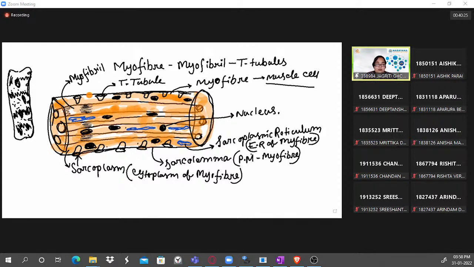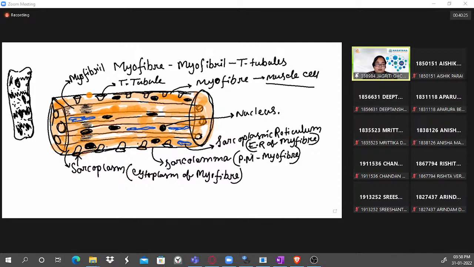For now, just understand that in the myofibril, the innermost part of the muscle cell, some light bandings are present. I have drawn this in the wrong place.